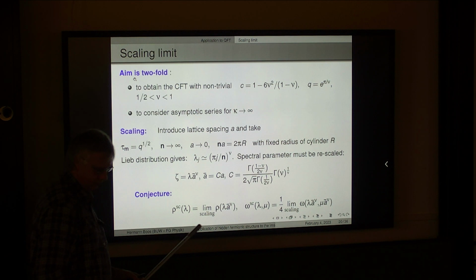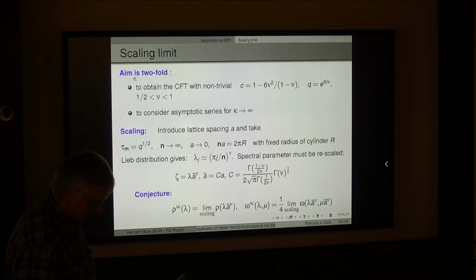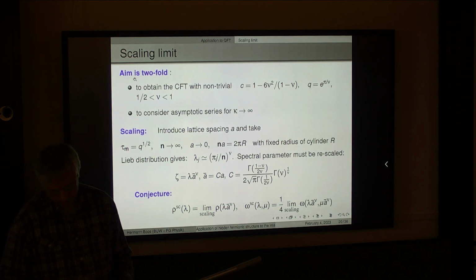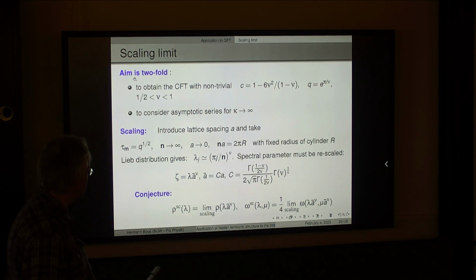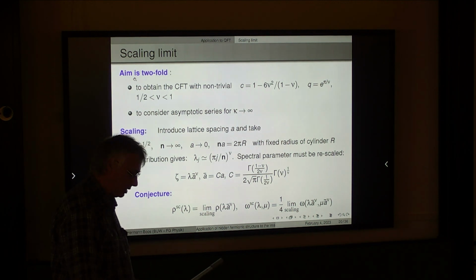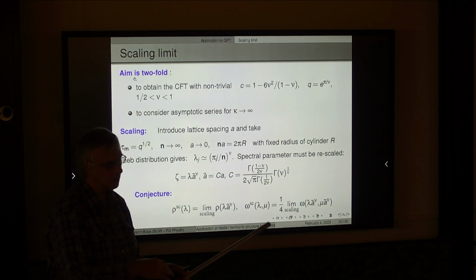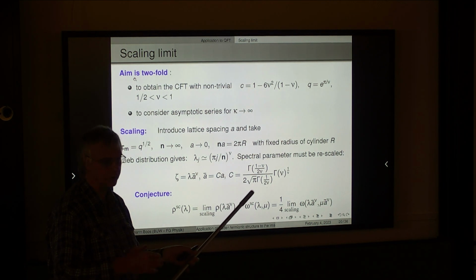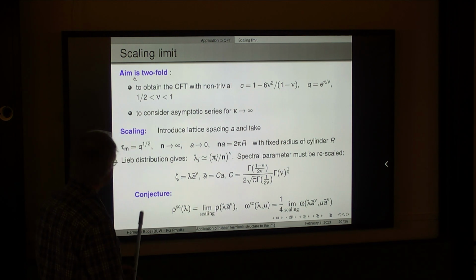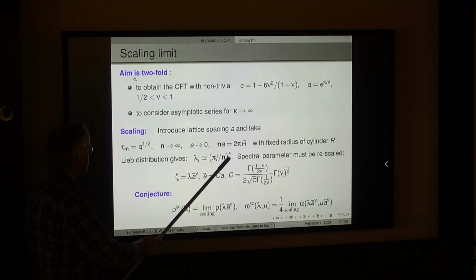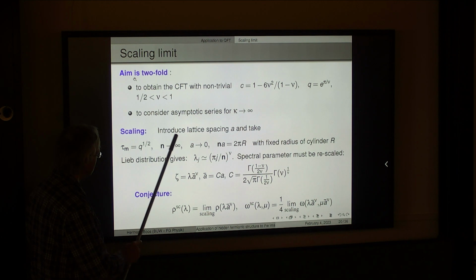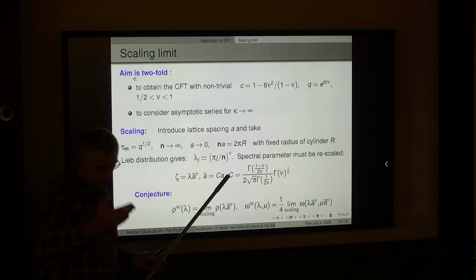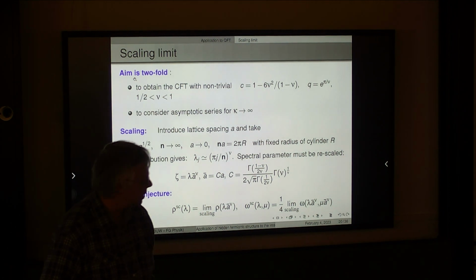Then there is a very well-known result by Lieb that if the magnetic field is 0, then the Bethe roots are distributed with some distribution function, and this distribution function can be found explicitly. So this Lieb distribution gives, for n large, this formula, and it gives us a clue how to rescale the spectral parameter.